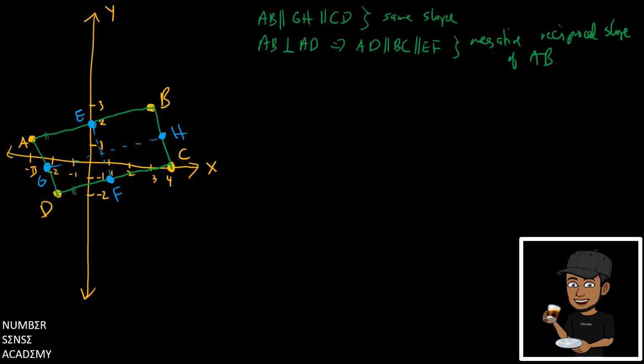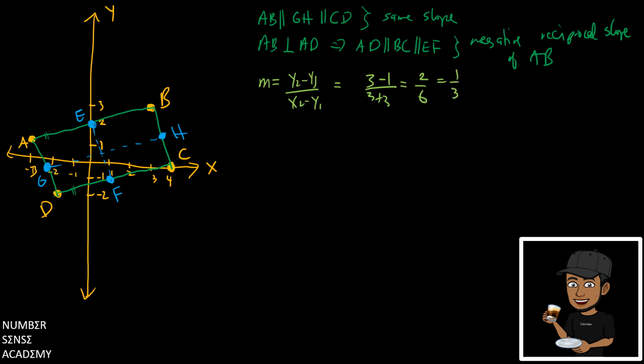Okay, so let's do that then. I have m equal to y2 minus y1 over x2 minus x1, and for AB that's going to be 3 minus 1 over 3 plus 3, which is equal to 2 over 6, which is equal to 1/3, right?